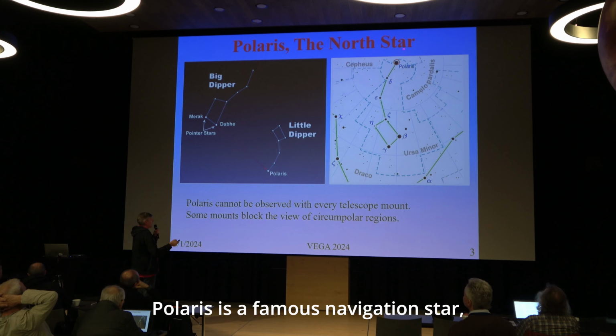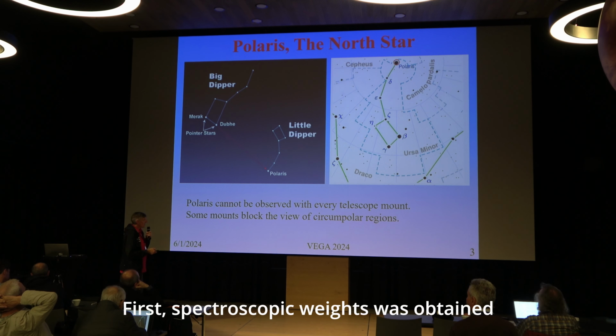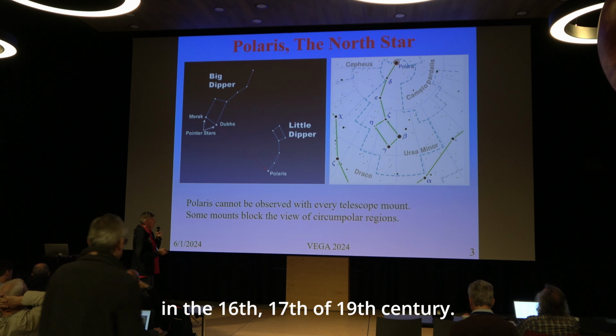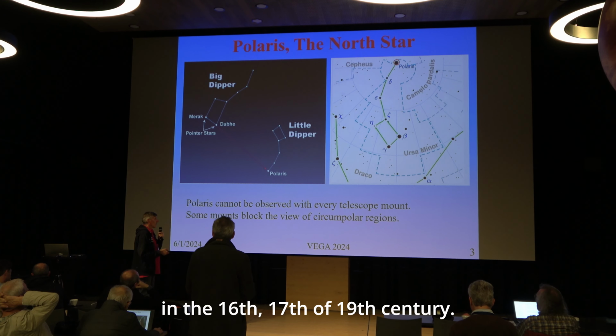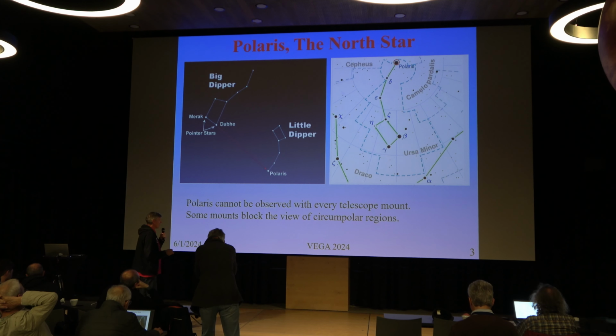Polaris is a famous navigation star, which turned out to be a variable. The first spectroscopic plates were obtained in the 1870s of the 19th century.